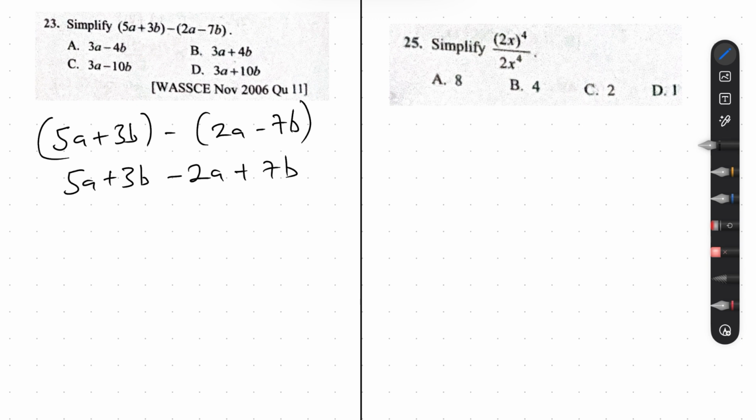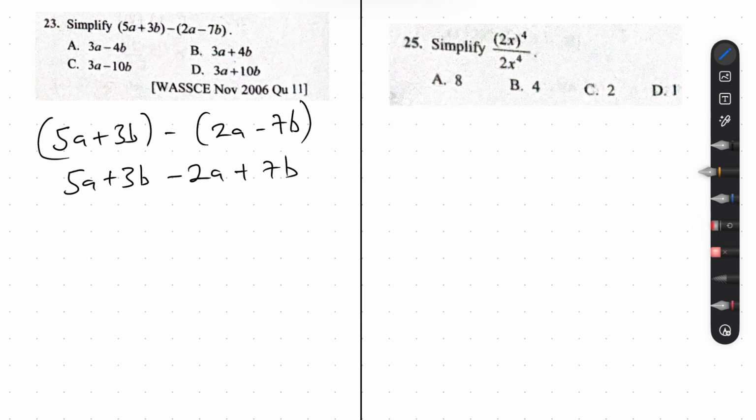Now we have this whole expression and it contains two variables, a and b. So what we need to do is group like terms and then simplify them. The terms with a, we group them, and then the terms with b, we group them. Okay, cool. Let's do that.